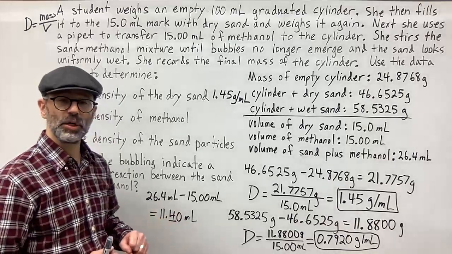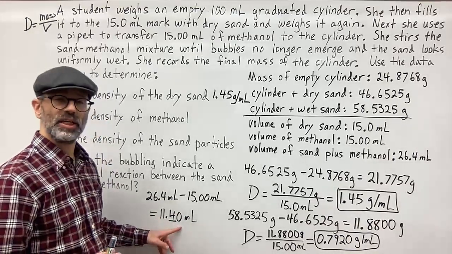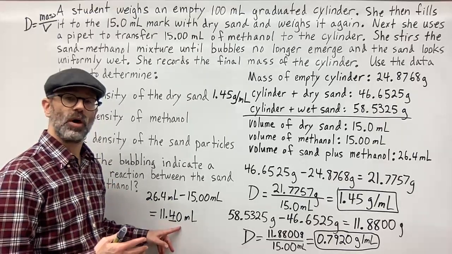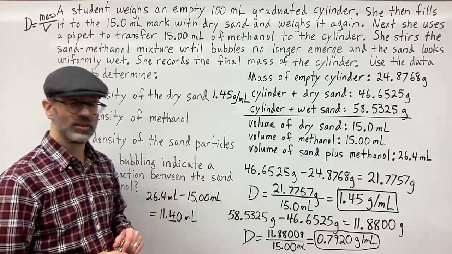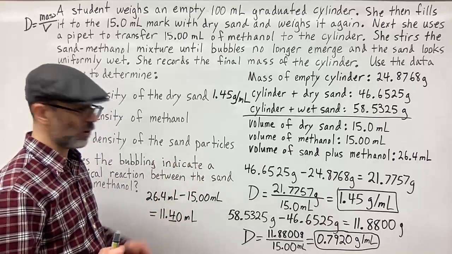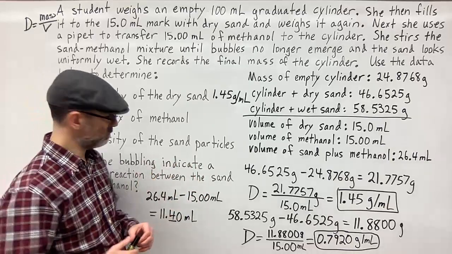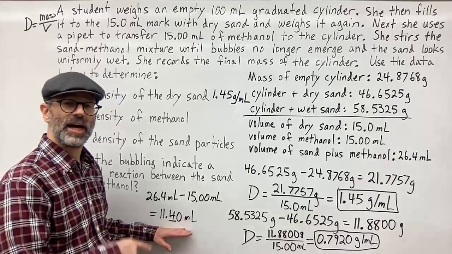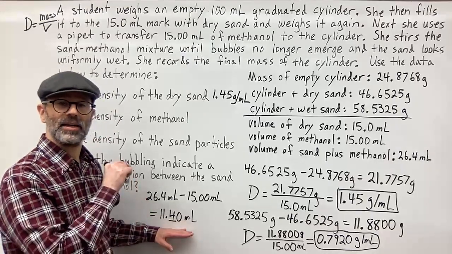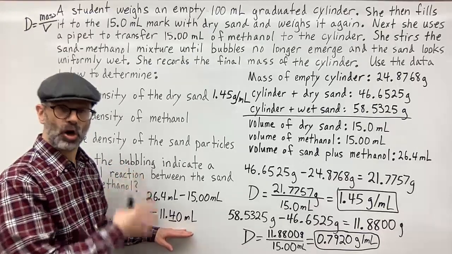You can keep the 0 if you want. Usually you would keep 1 extra digit if you are going to use this value further in calculations, which we are. So let's just go ahead and keep the digit. Okay, so this is the volume that is occupied only by the sand particles.